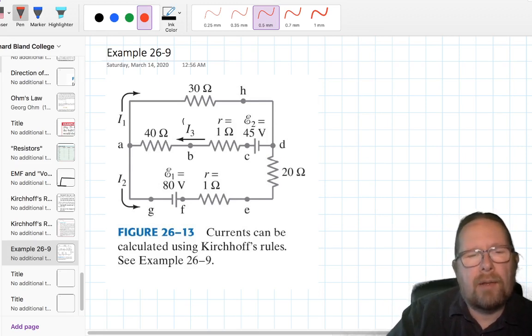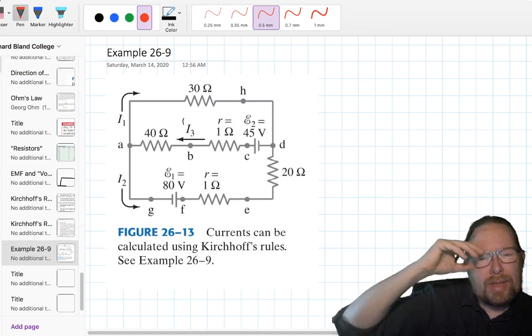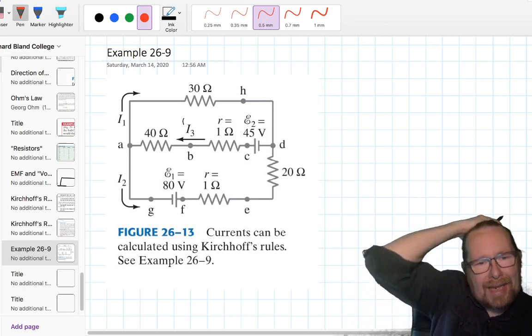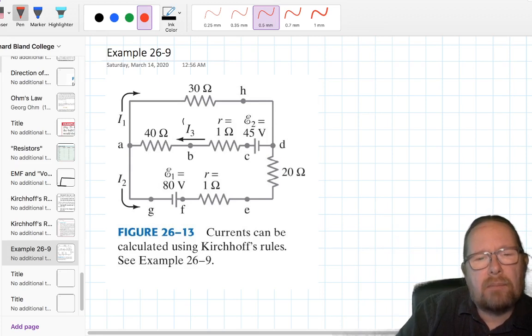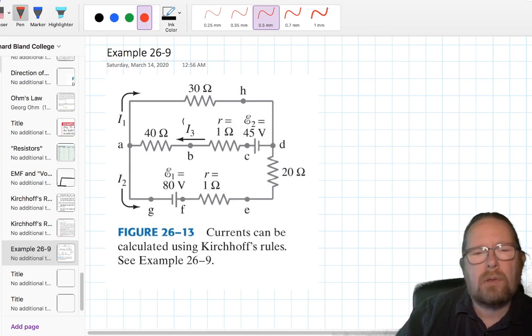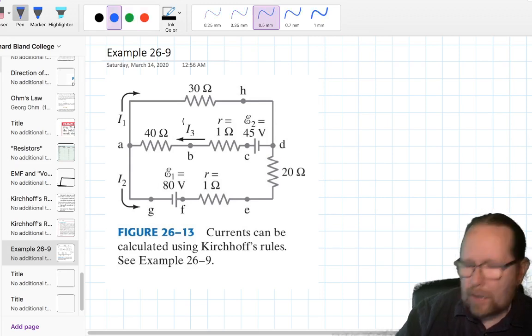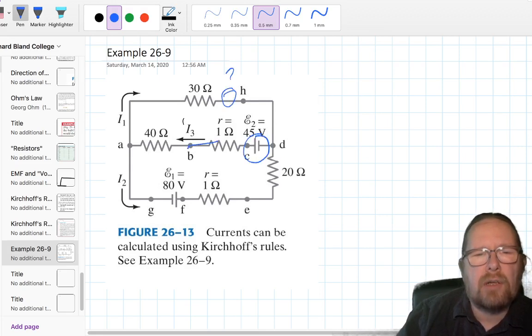of the circuit. We can't really do that by just adding up resistors in series and parallel because of the presence of a battery in one of the branches of this circuit, this battery here in this branch of the circuit, but not in this branch of the circuit.